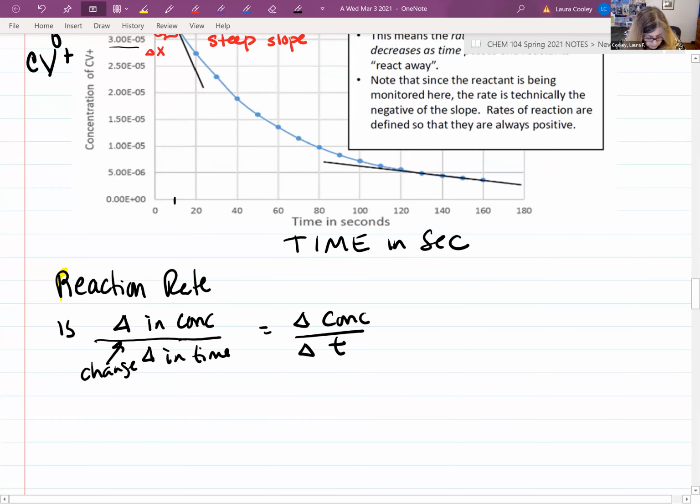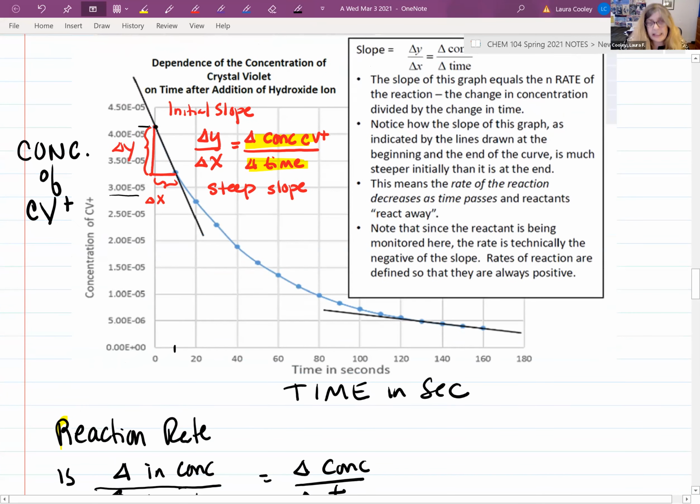Okay. So what you see here is at the beginning of the reaction, you have a steep slope, which means you have a large rate, because I said the rate is that slope, basically.